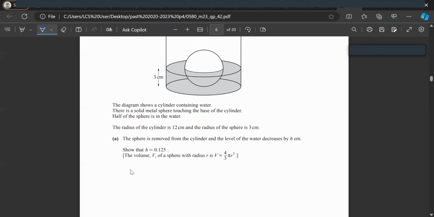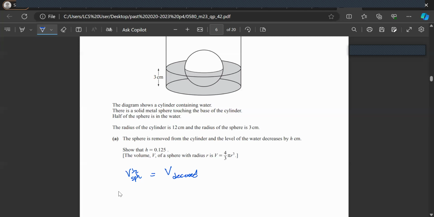So I will say that the volume of the half sphere equals the volume that should be decreased. What is the volume of half the sphere?